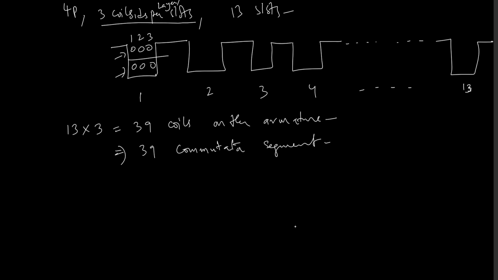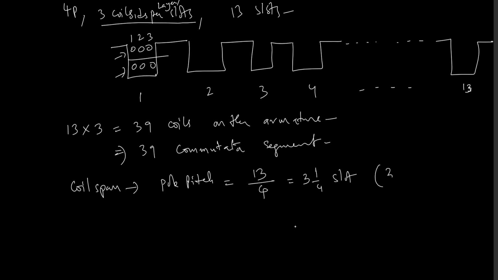So then, what is the coil span? How do you choose it? First, fix the pole pitch. Pole pitch is equal to 13 slots by 4 poles, that is 3 1/4 slots.